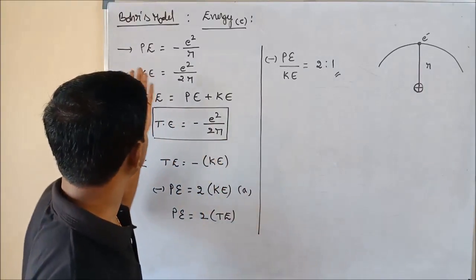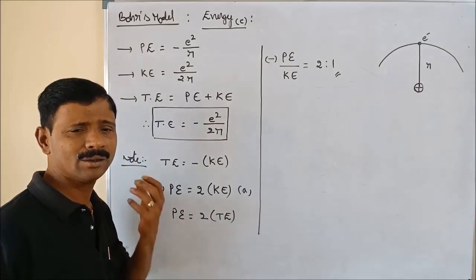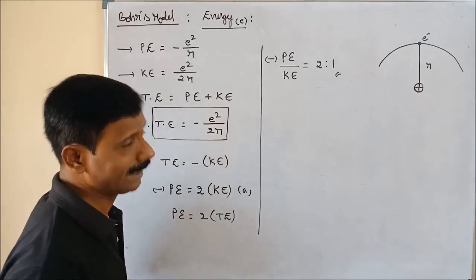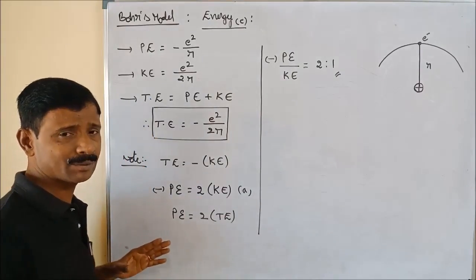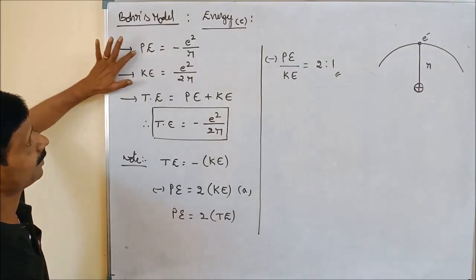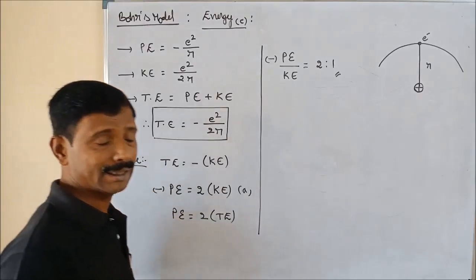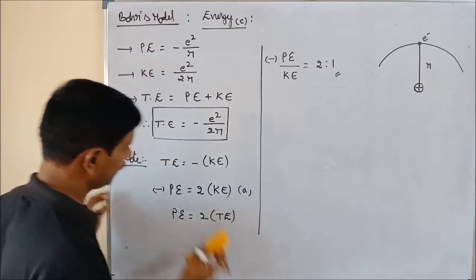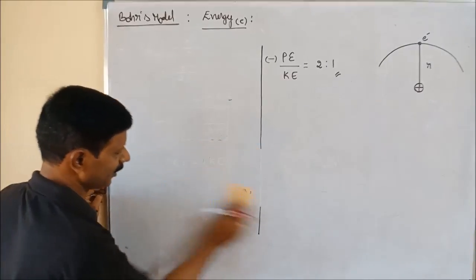Now in his model, Bohr derived an expression to find the energy of the electron. Before that, once again concentrate on these relations: potential energy, kinetic energy and total energy. Now we will go for the expression for the energy of the electron.